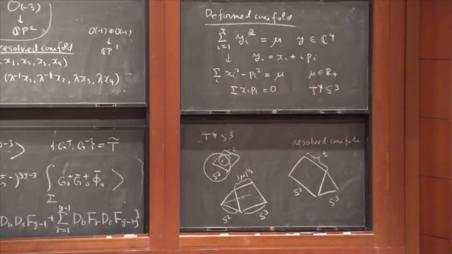So I'd like to now describe a more general setup. More generally, I would like to tell you, in the remainder of the time, the construction of so-called toric Calabi-Yau.